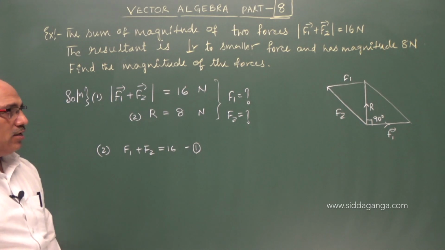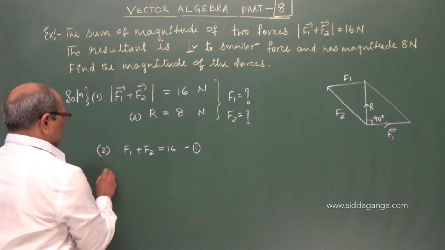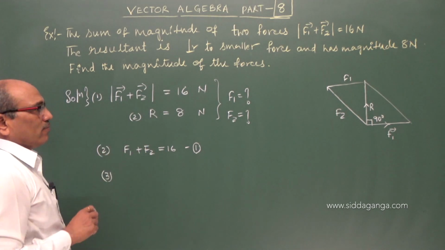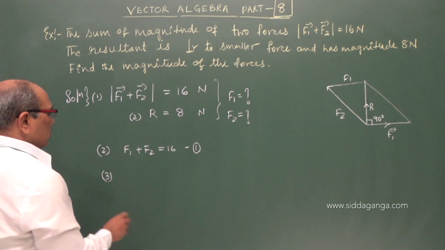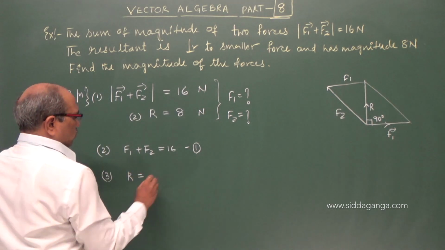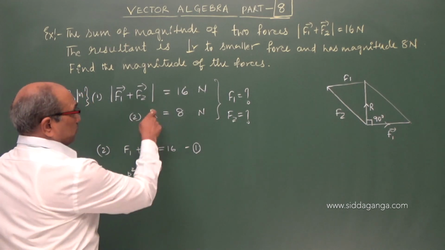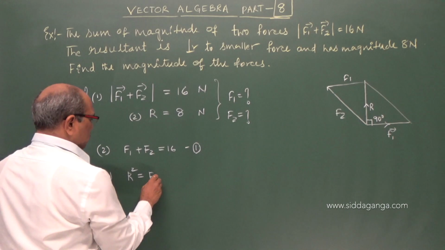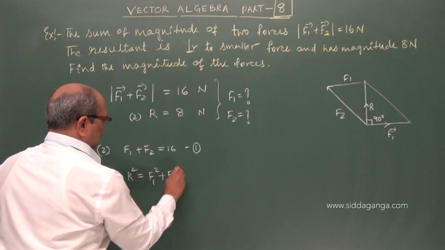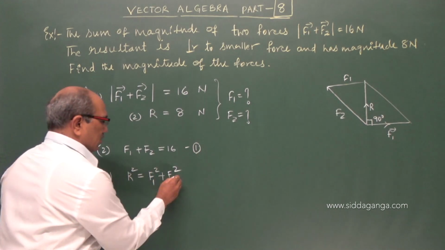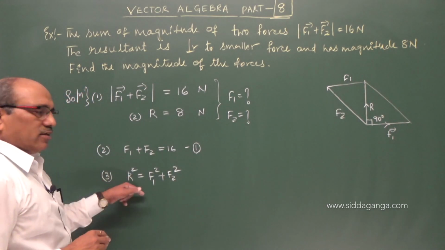If the resultant is that one, so R square is equal to, what do you write? If I take F1 square plus F2 square, that is my point, recalling what can be done.